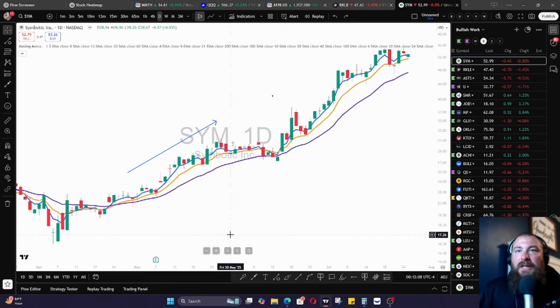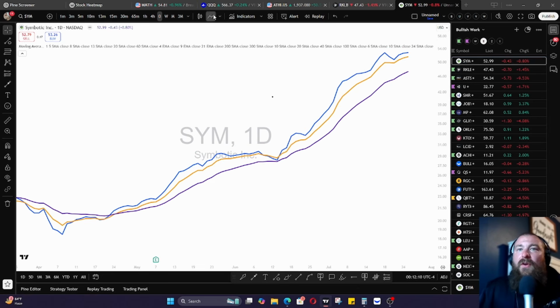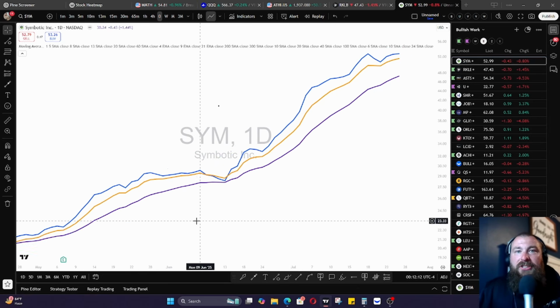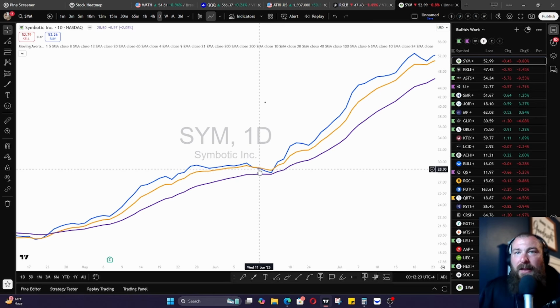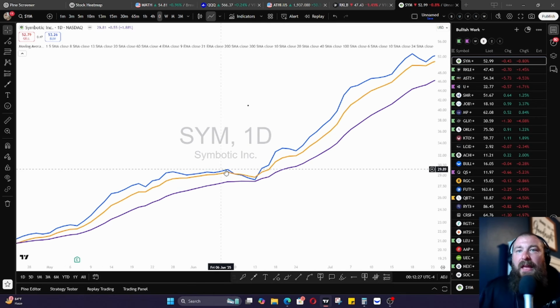So what does it look like if we're just focusing on the moving averages? Well, here we can see that the moving averages are trending. Okay, they start to pull in, right? And you can see the orange, which is the 9 EMA, is sloping down. The 4 EMA, which is the blue, sloping down. And then it ticks up.